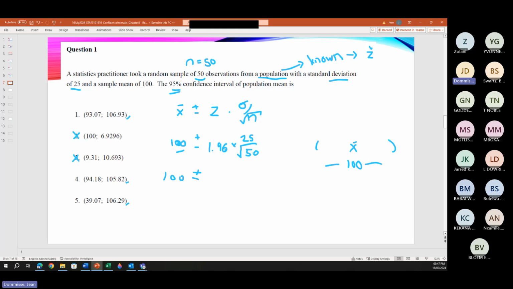That's 7,07. So 25 divided by 7,07 gives us 3,5355, times 1,96.